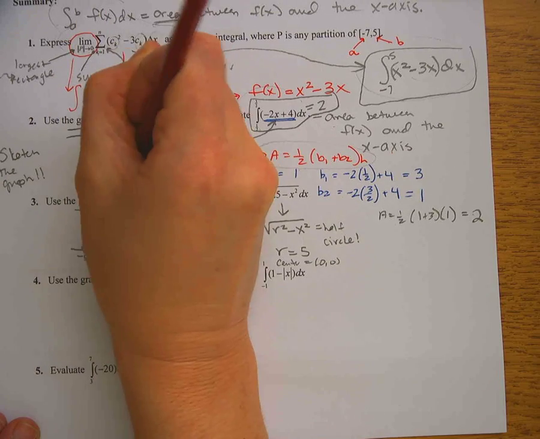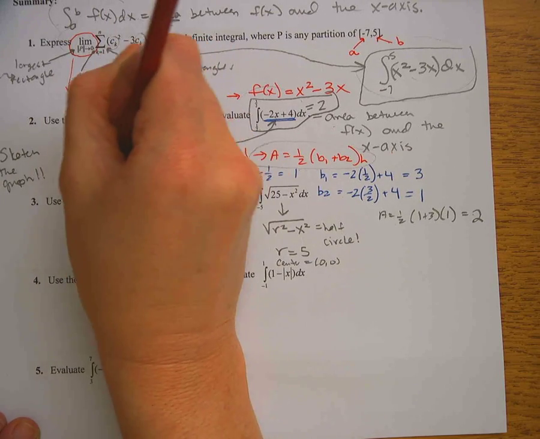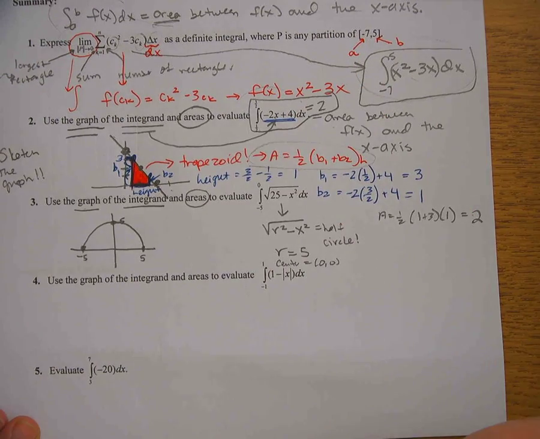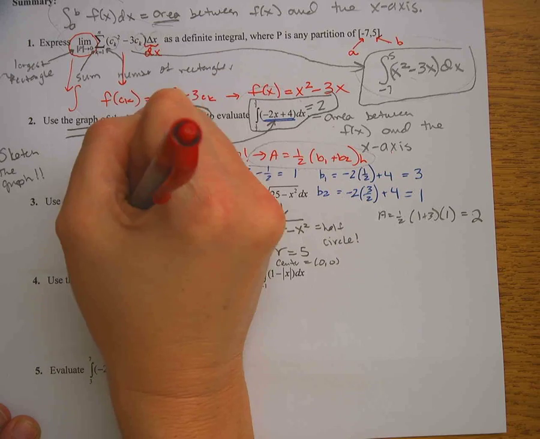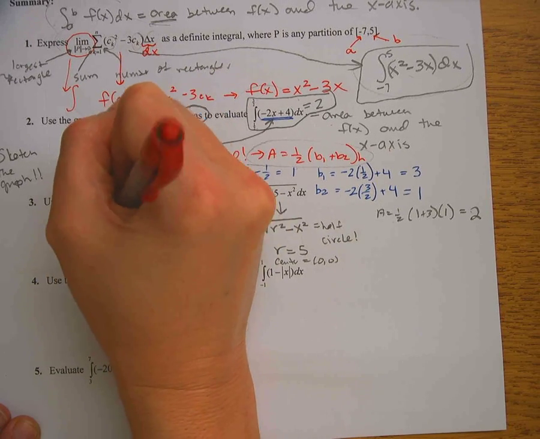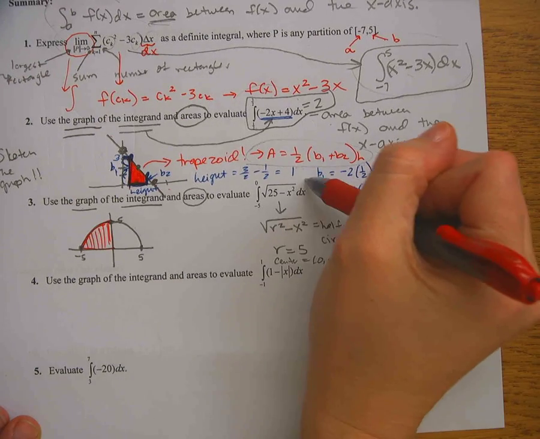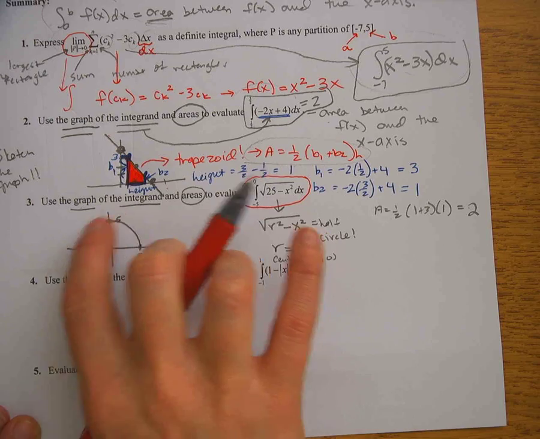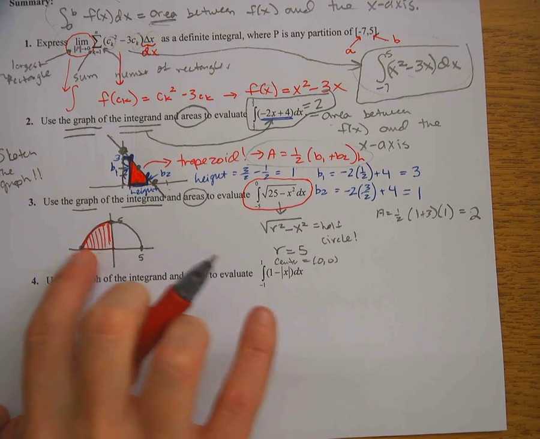So I've got this graph. But the only part of that graph that I care about is from -5 to 0. So I only care about this part. Now remember, this right here simply means the area underneath that half circle and above the x-axis.